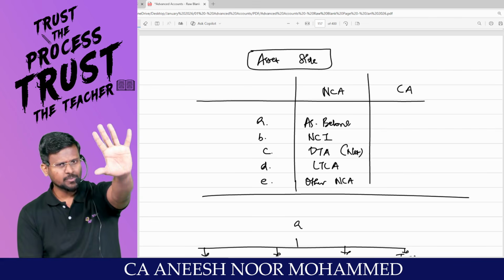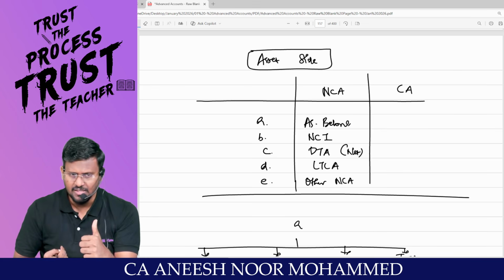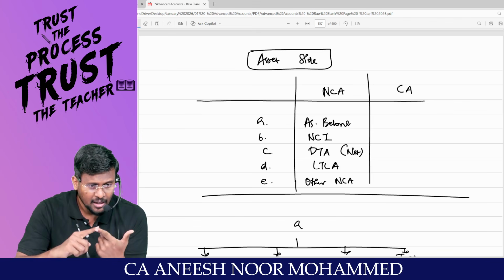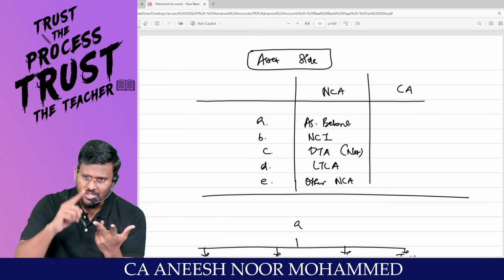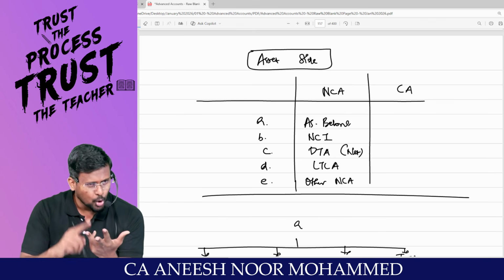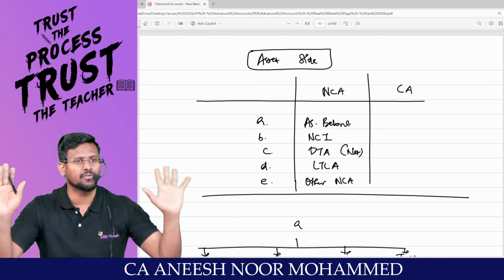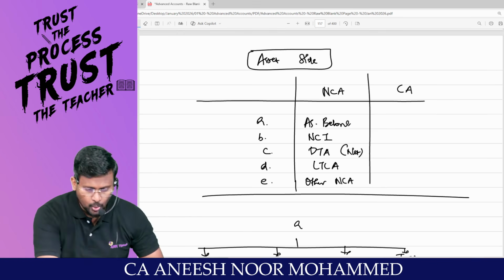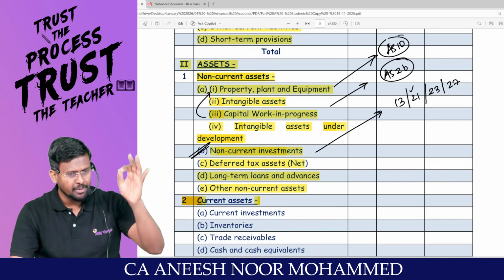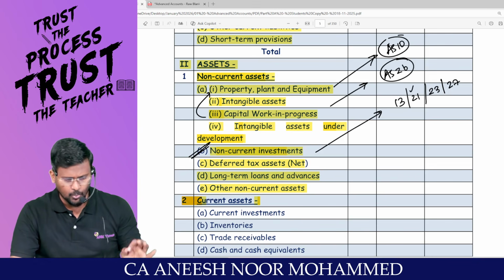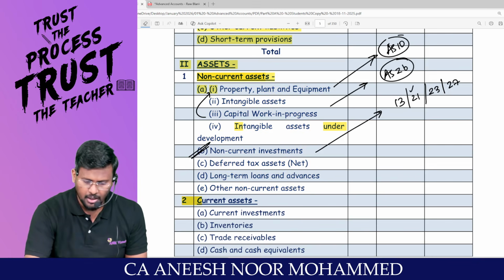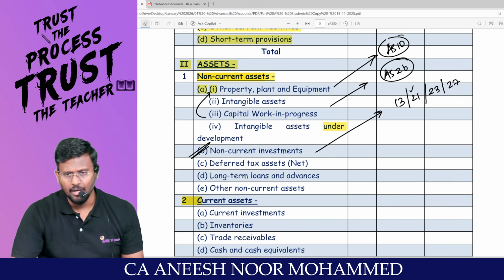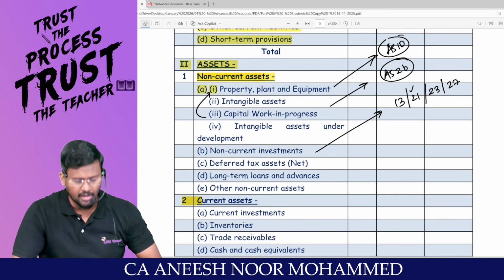So 5 investments I will make. I will invest in my own business. I will invest in others' business. I will invest with the government. I will give loans or advances to others, and the balancing figure. Are you all really with me? So you try to picturize A, B, C, D, E. What is A? PPE, intangible asset, capital WIP, intangible asset under development.